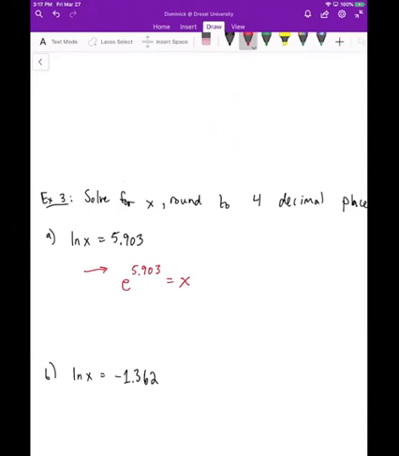So if I want e to the 5.903, we type that in. We're going to get that x is roughly 366.1342. All right, so that's that one.